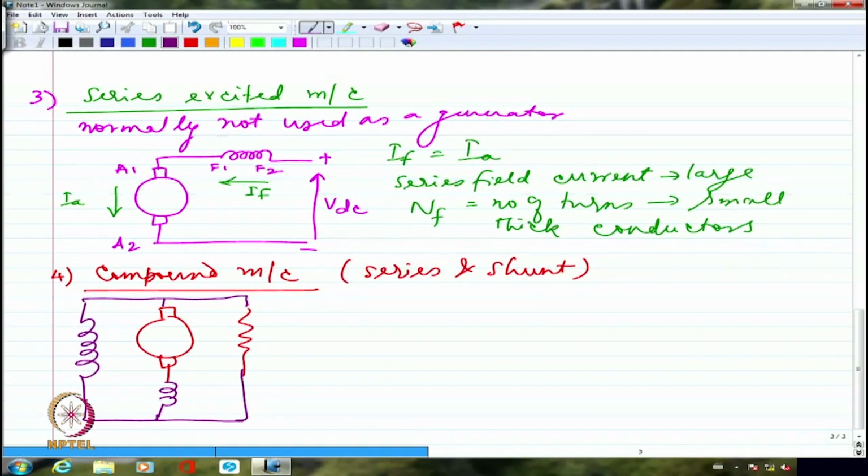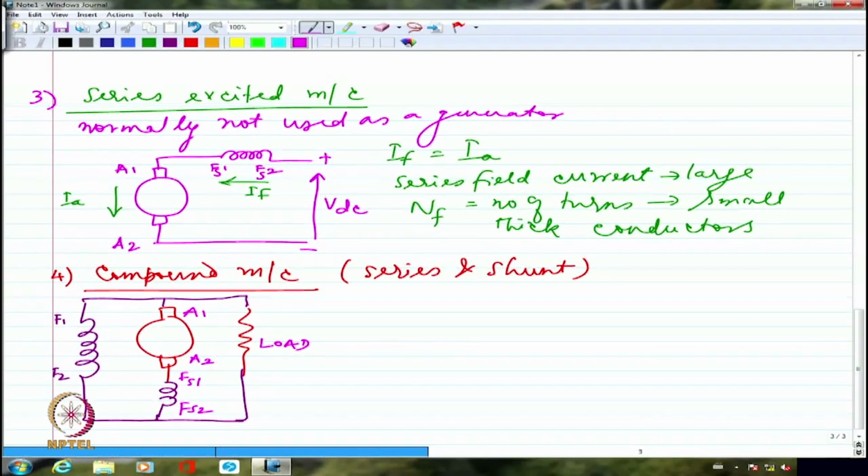So let me call the shunt field F1, F2. Maybe even here let me change this to FS1 and FS2 to show the series field. So let me write this as FS1 and FS2. This is the series field. And this is going to be the load. And this is of course A1 and A2.